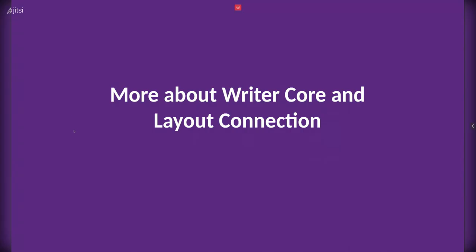So now a bit more about the connection between the Writer core document model and the view or layout. This is a bit of an addition to what was mentioned already by Miklos in the first part of the talk.